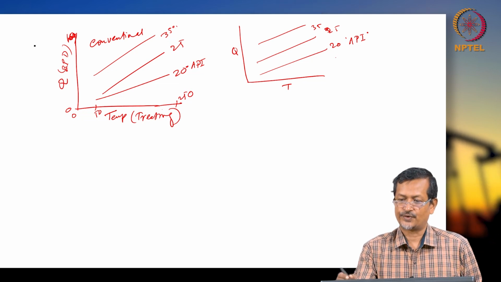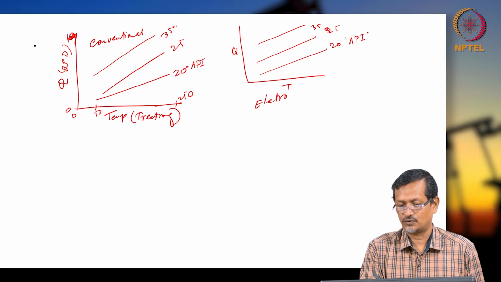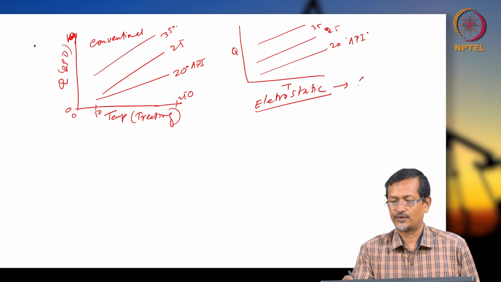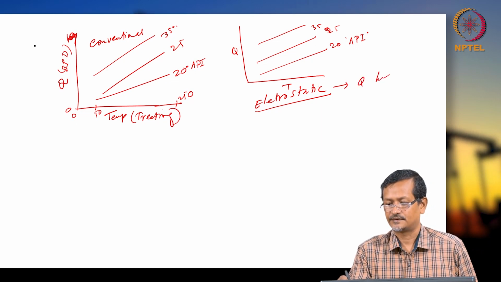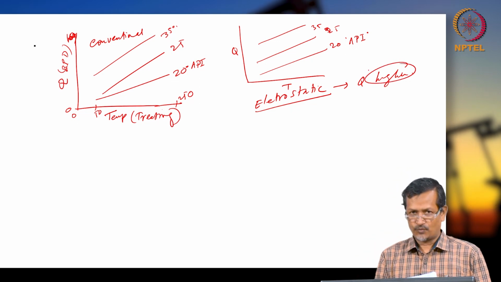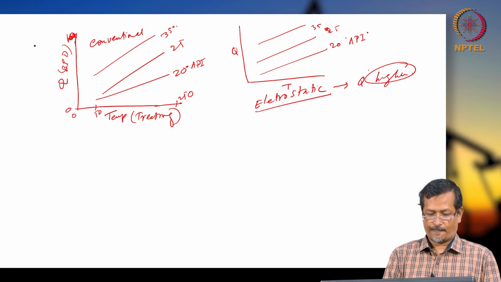In this case the flow rate is higher. For the same temperature you are getting more flow rate, so your productivity or separation rate is higher.